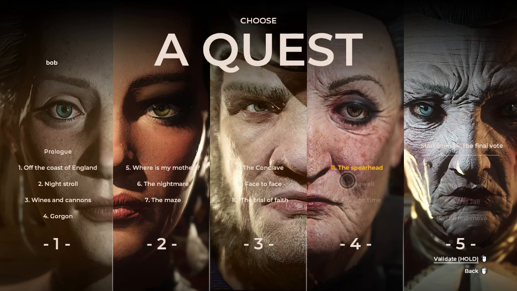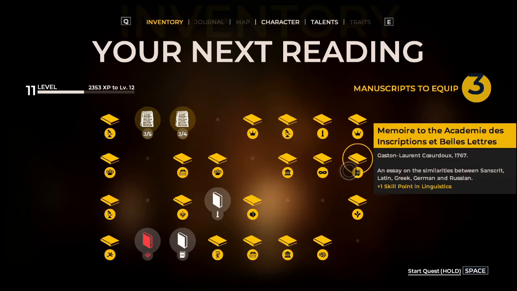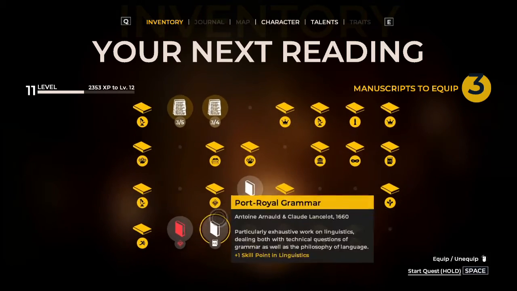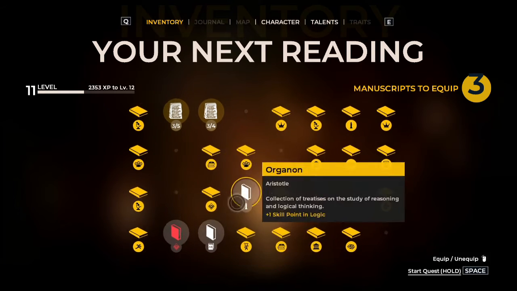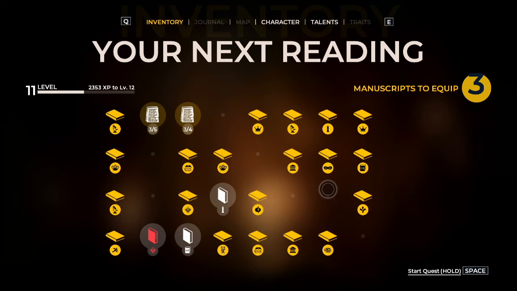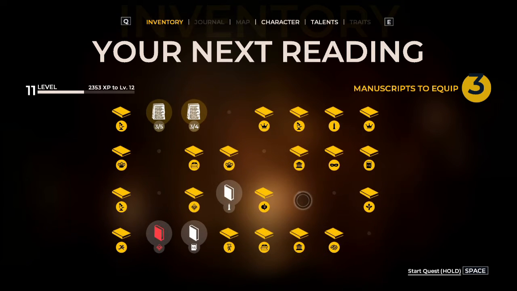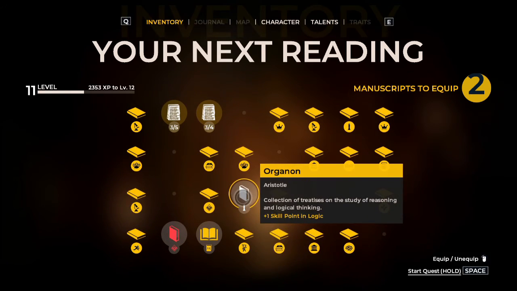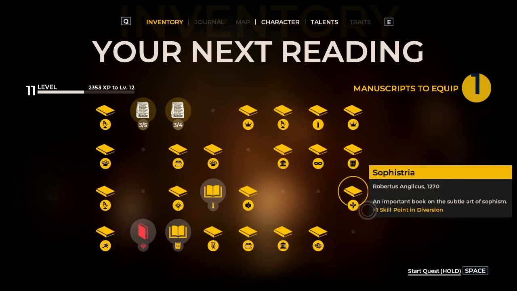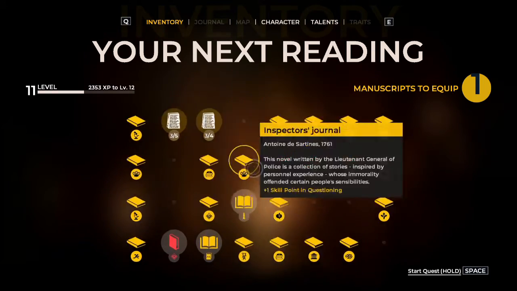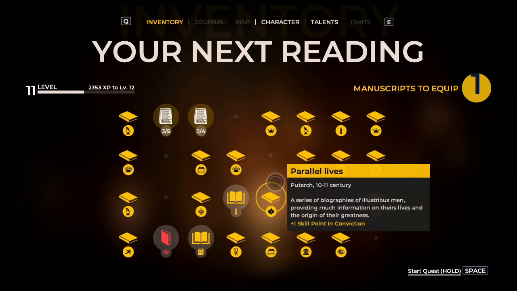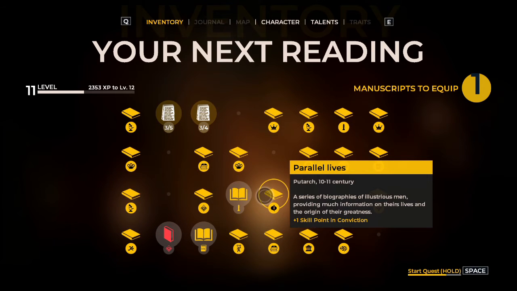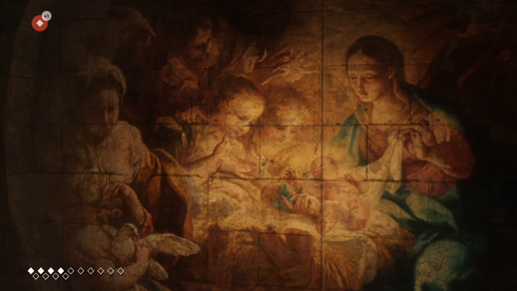I can equip 3, but I've only got 2, so guess we're doing 2. Man, I thought I had it.